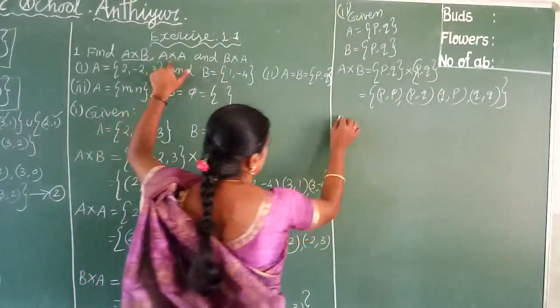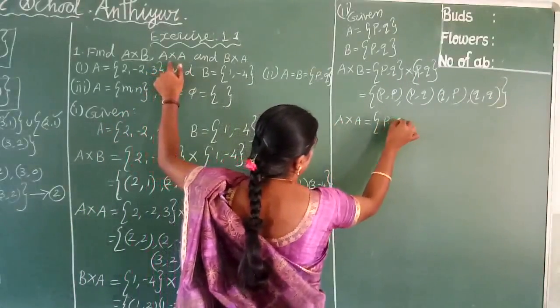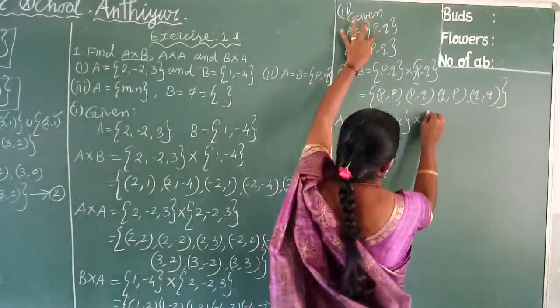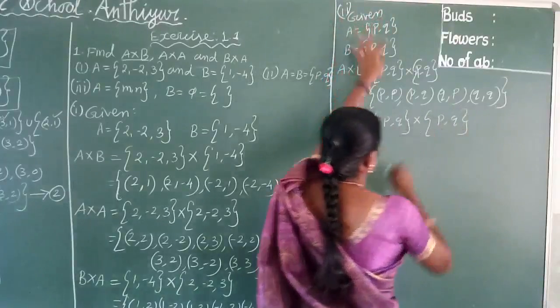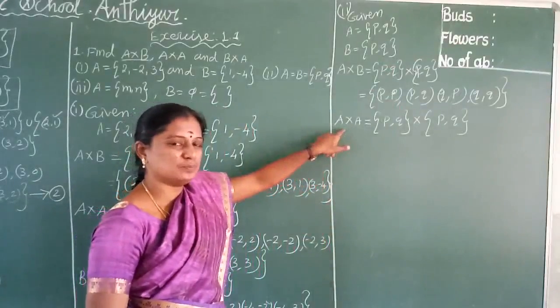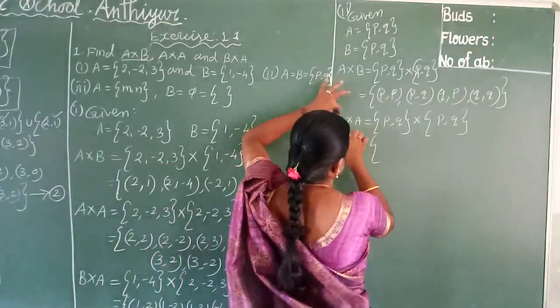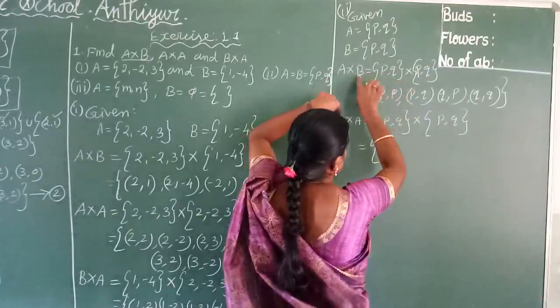Next you find A cross A. A cross A is {P, Q} cross again {P, Q}. So here, are the A cross B and A cross A answers the same or different? We will check it. A is {P, Q} and again A is {P, Q}, and B is also {P, Q}.